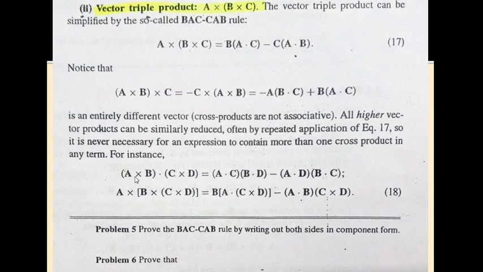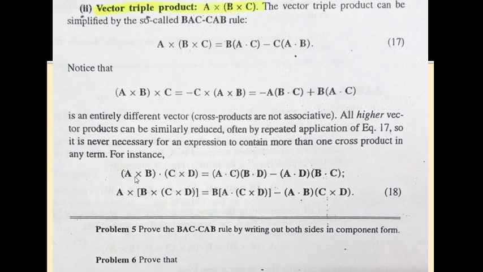So A dot C and B dot D, and similarly the first candidate with the second candidate of the next bracket, so A dot D, and the other one will be B dot C.